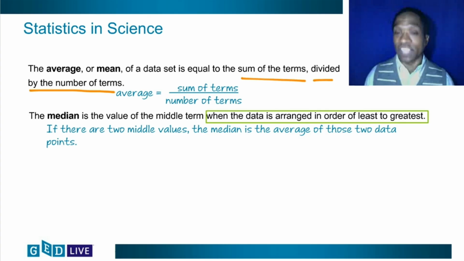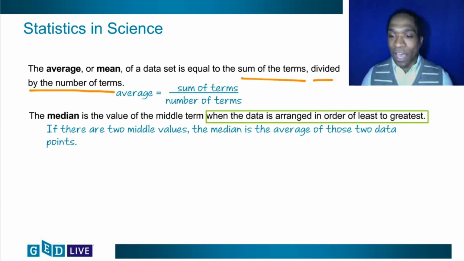But if the family has 4 children, then the average of the 2 middle children's ages is the median. So if you have an odd number of terms, the middle term is the median. Again, the list has to be in order. But if you have an even number of terms, that's when you find the average of the 2 middle values to get to the correct median.